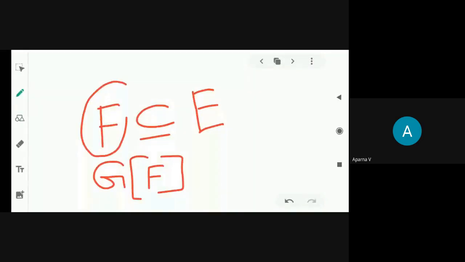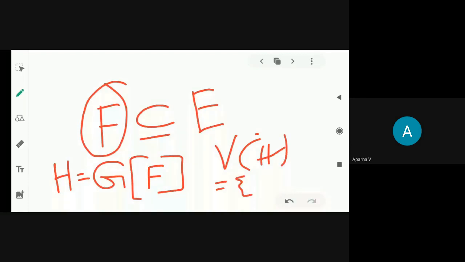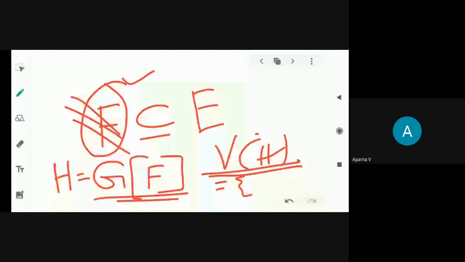F. Then you create the vertex set of H, which will be those vertices which become the end vertices of the edges in F. They are collected. So the vertex set is to be fixed, the edge set is already fixed. Such a graph is what we call an edge-induced subgraph. So this will be the graph having edges F and vertices like this.